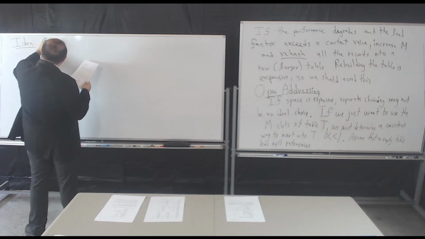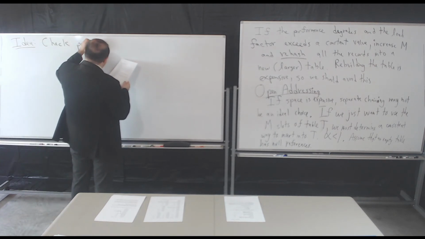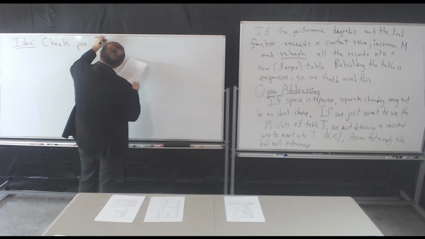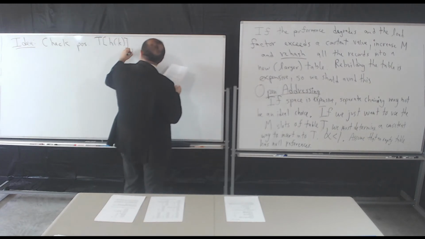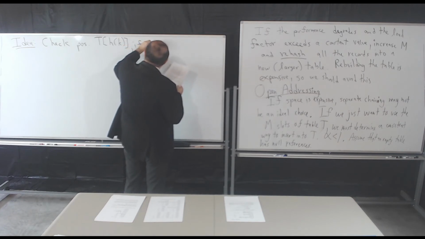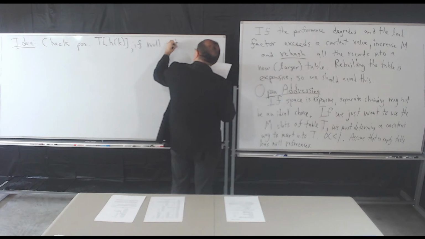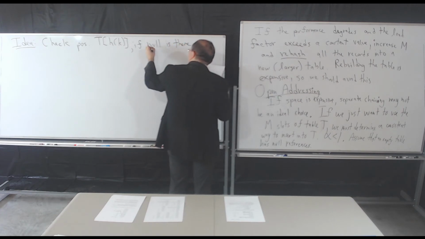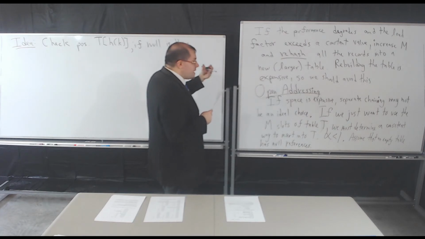So what I'm going to do is check position P sub h of k. If null is there, it's technically worth noting that this might also be, later on in our discussion, a delete label.